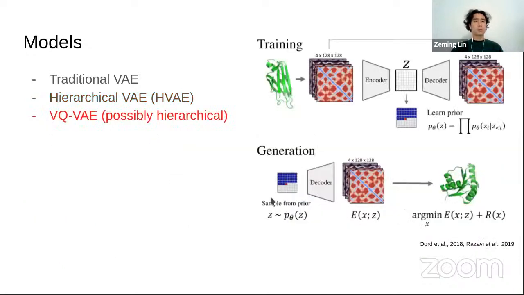And the model that we found to be more effective is the VQ-VAE architecture. It's possibly hierarchical in the same way. You can generate an 8x8 feature latent variable map, and these are quantized and then sent through the decoder. There's a heuristic loss that takes your quantized vectors and forces them to be separated from each other and also produce good-looking reconstructions.